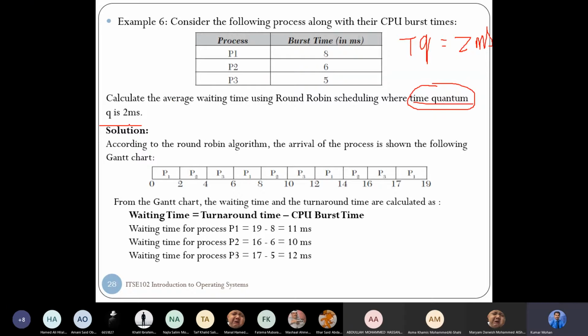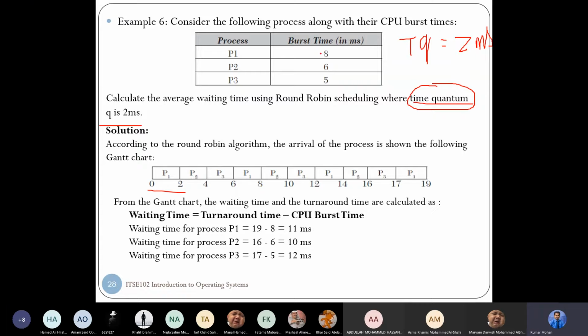Time quantum equal to 2 milliseconds means each process will execute only for 2 seconds. See here, P1: is it 0 to 8 or 0 to 2? See that Gantt chart I drew here. I didn't write 0 to 8.